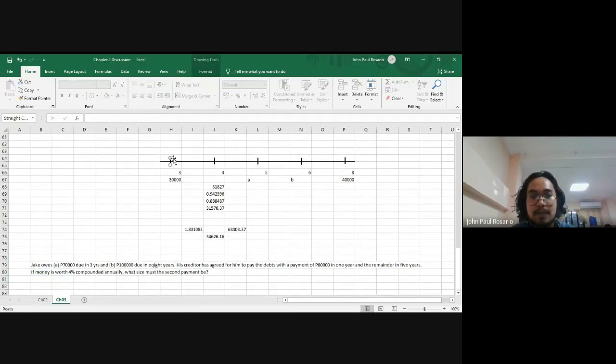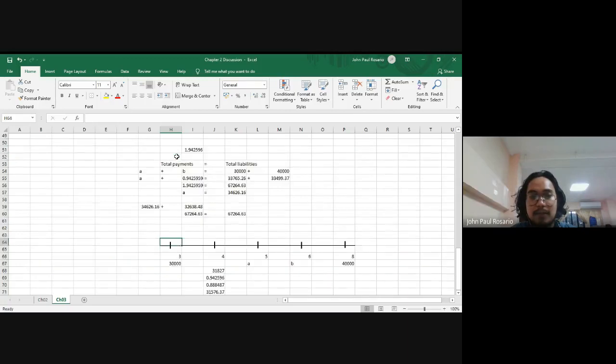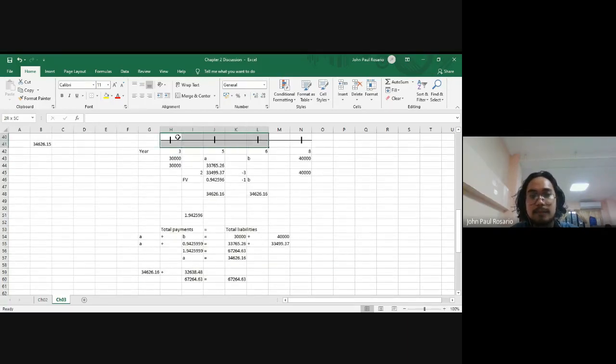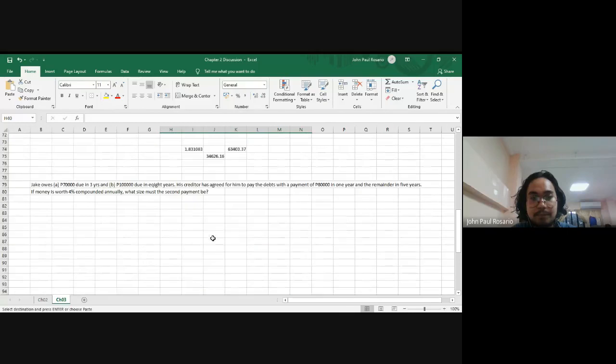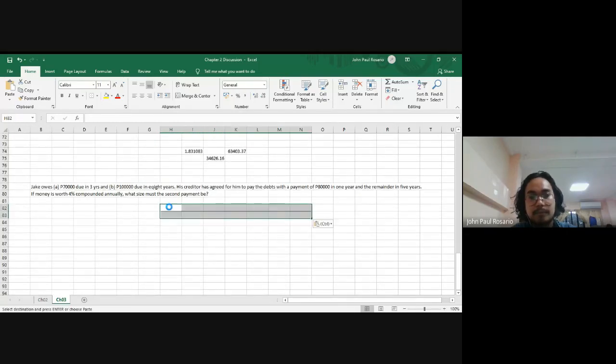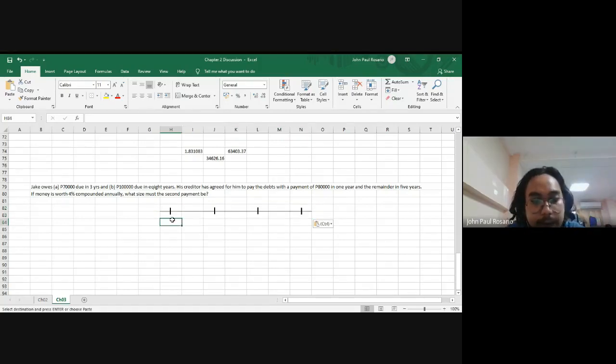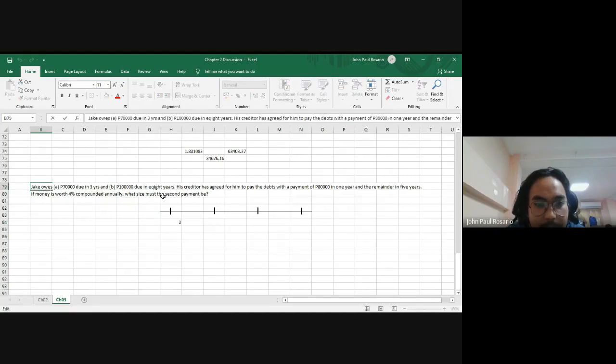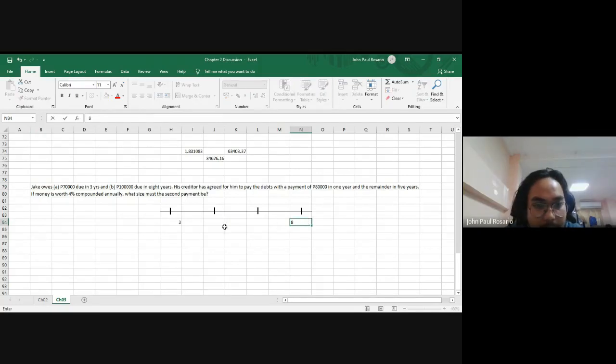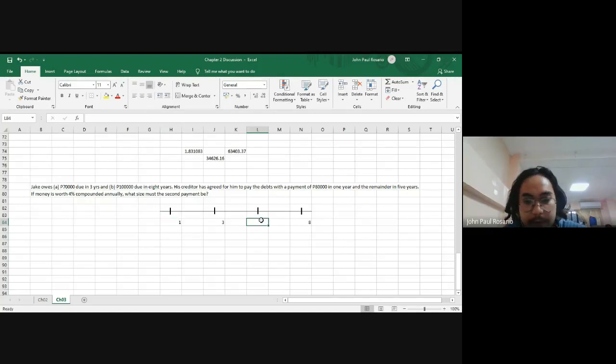So again, let's make use of our beloved timeline. We have year 3, year 8, year 1, and then year 5.